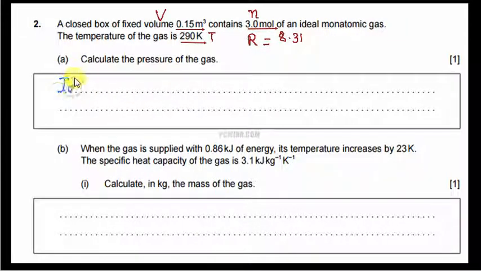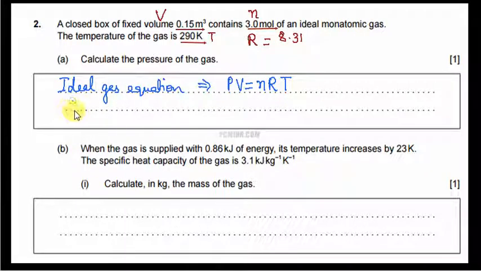So you would write the answer as that ideal gas equation gives us PV is equal to nRT, where P is the pressure, V is the volume, N is the number of moles, R is the universal gas constant, and T is the temperature. Therefore, what is P?